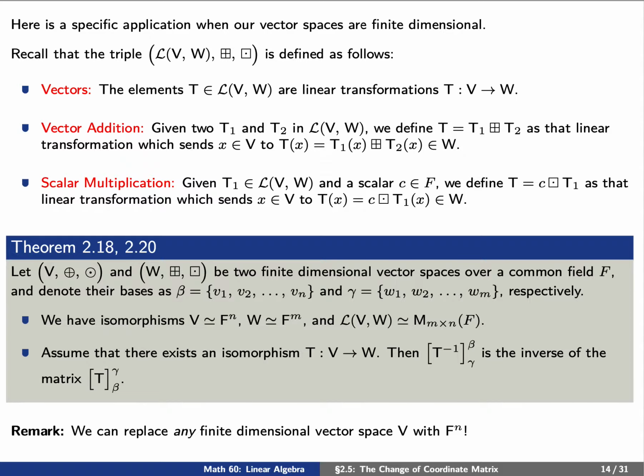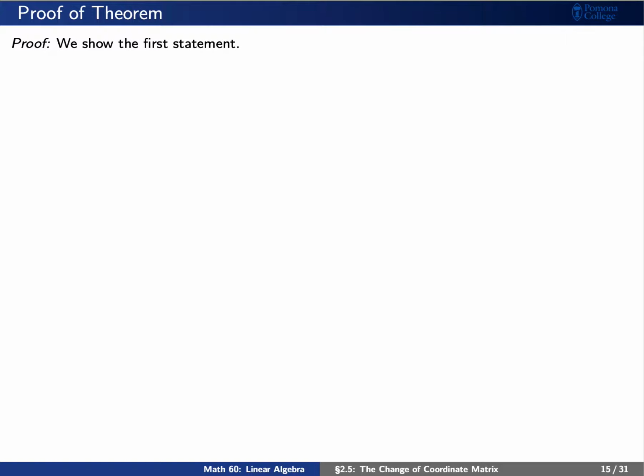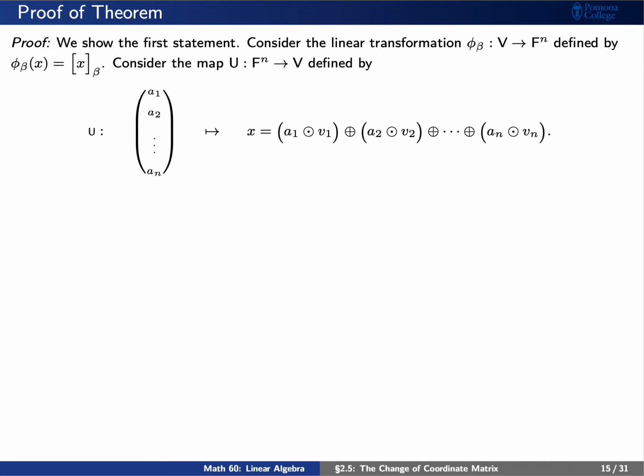Let's discuss how to prove the statements. We'll start by proving the very first statement. Let's consider the linear transformation phi_beta. This is our standard representation. And now let's write down a different map U that will take a vector (a1, a2, through a_n) and write down a linear combination of these.